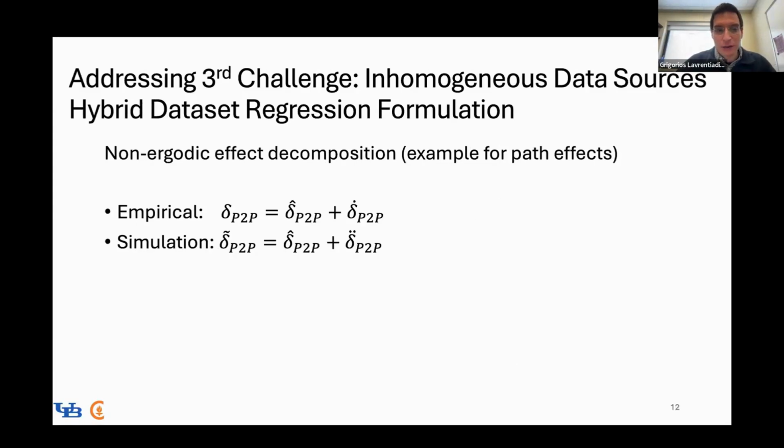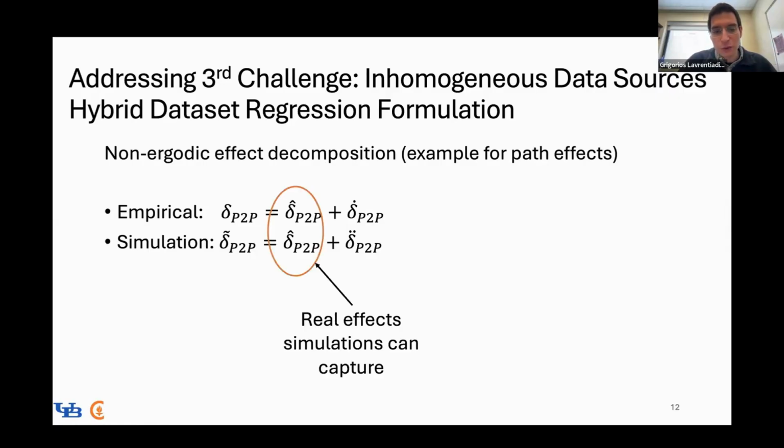The last challenge to address is how we train a non-ergodic model that is built based on both simulations and empirical data sets. To do that, we decompose all of the systematic effects, so the source, the site, and the path, into three sub-pieces.